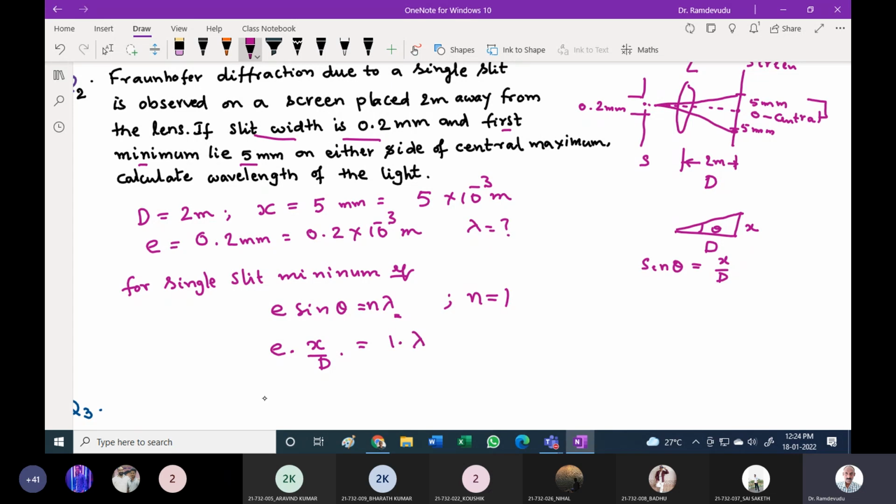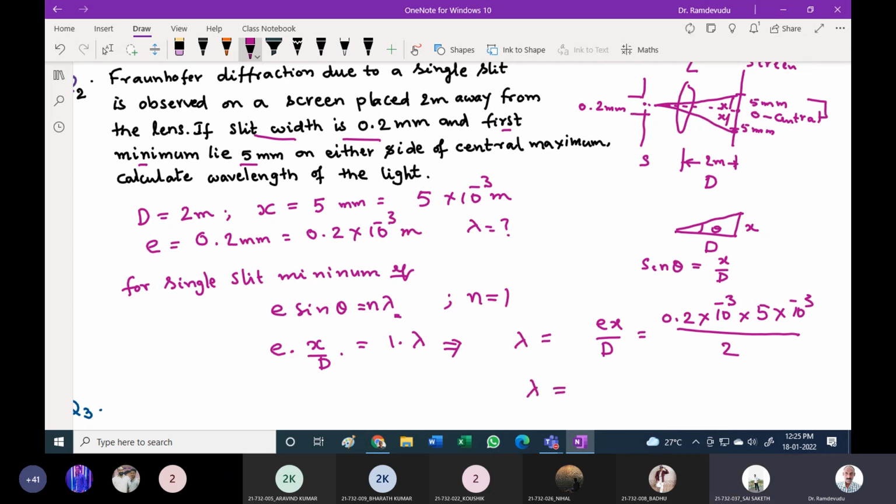D is the distance between these two, and x is this distance. Therefore lambda is equal to Ex by D. E is 0.2 into 10 to the power minus 3, x is 5 into 10 to the power minus 3, by D, which is 2 meters.